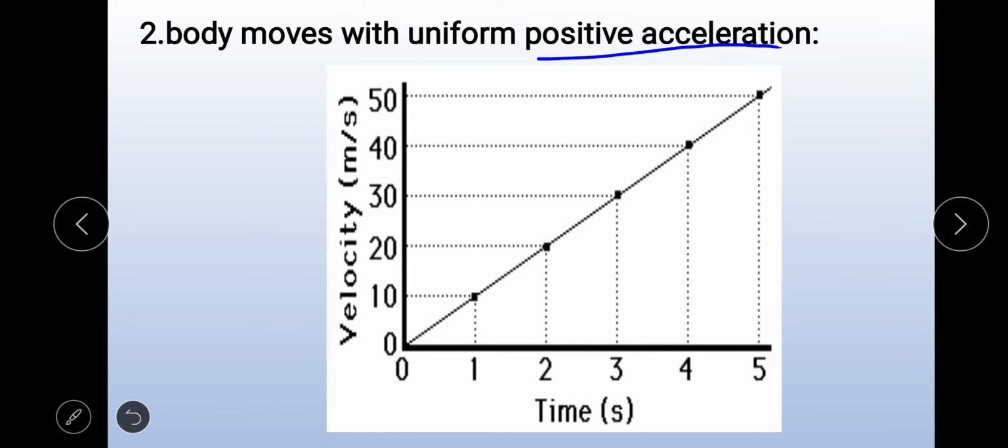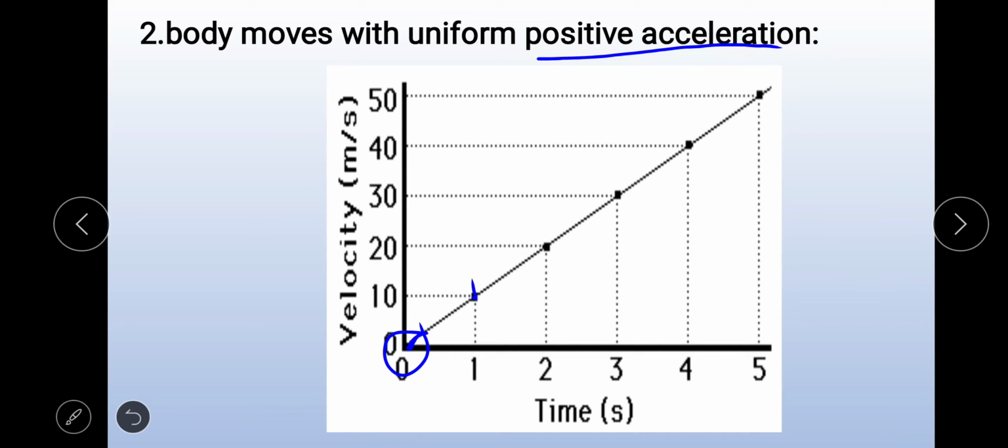So in this example, the body is at origin O at t equal to 0 second. Okay, so at 1 second velocity increases to 10 meter per second.